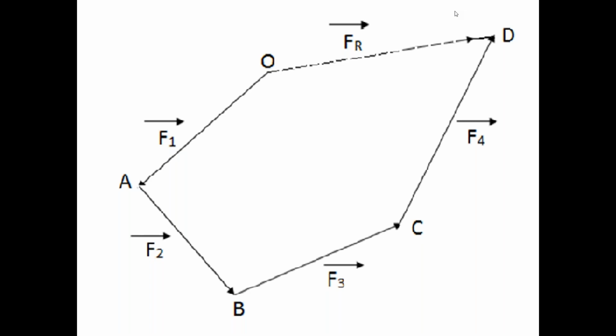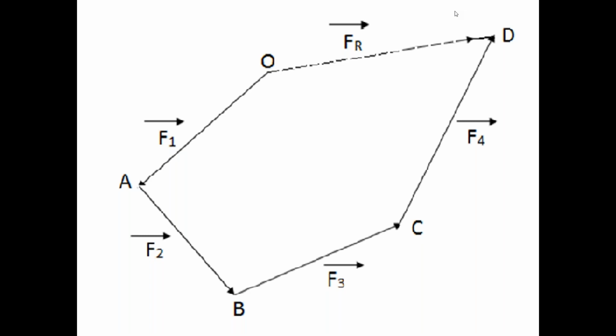If two coplanar concurrent forces F1 bar, F2 bar are acting on the rigid body, to find the resultant force Fr bar, you can apply either the parallelogram law of forces or the triangle law of forces.